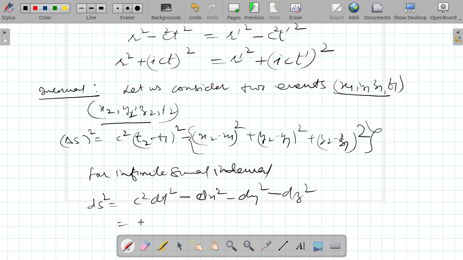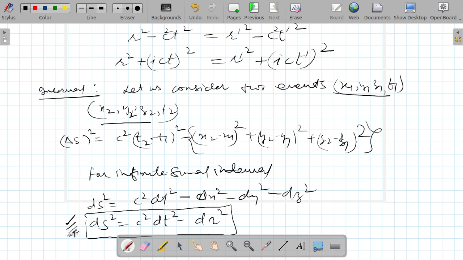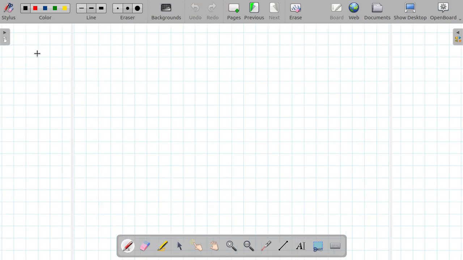So I can express it as c square dt square minus dr square, right? So this is the way I can define the interval. Now let us try to understand this equation. This is a very important equation: ds square must be equal to c square dt square minus dr square.